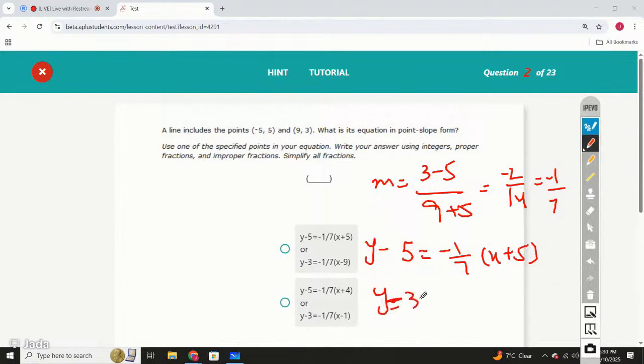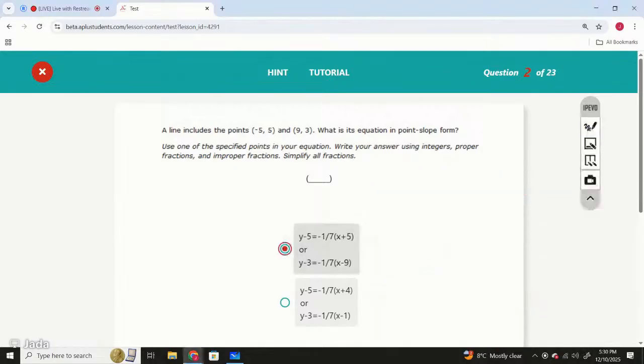Y minus 5 equals negative 1 over 7 times x plus 9, and the second one is y minus 3 equals negative 1 by 7 times x minus 9. So option number 1 is the correct option.